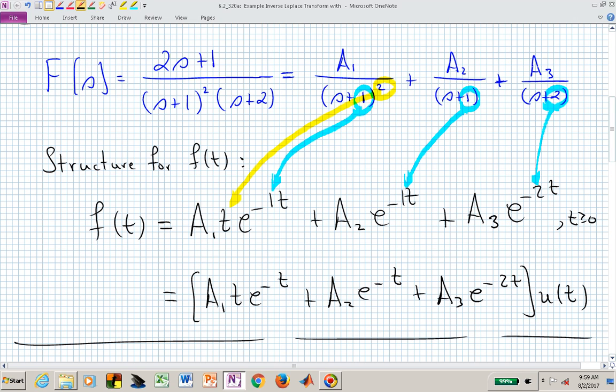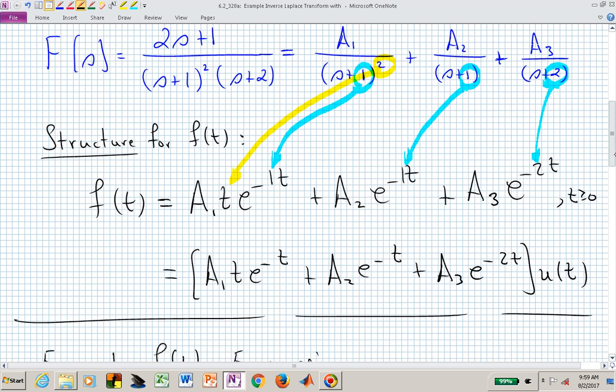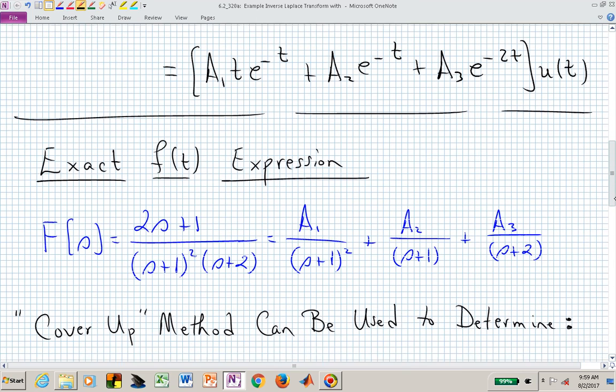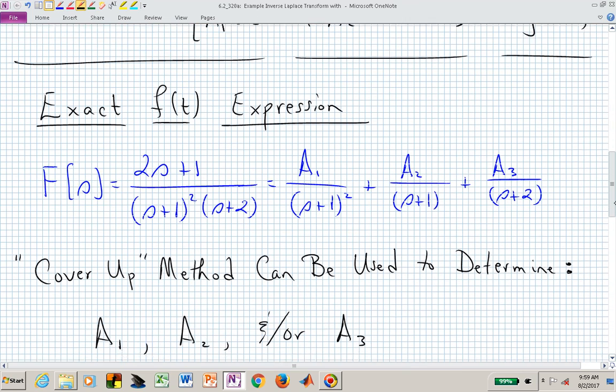So you might see me writing f of t as either the top expression or the bottom expression, and that just contains the structure for f of t. What we now want to do is look at the exact expression. So we're trying to now find these values for a sub 1, a sub 2, and a sub 3.